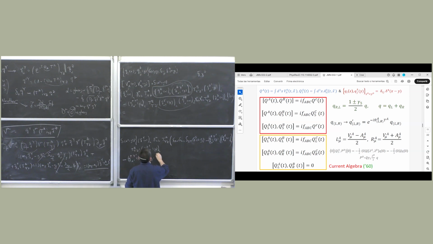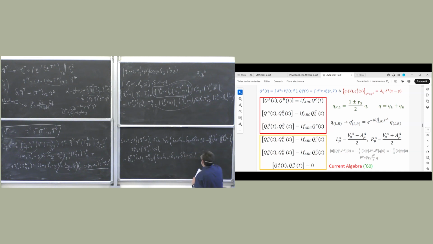And now bracket, and we say delta alpha prime alpha, delta C A prime, delta Z prime Y, and now delta 3 of x minus y.